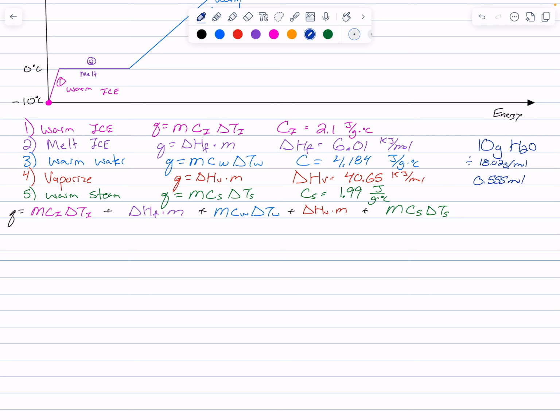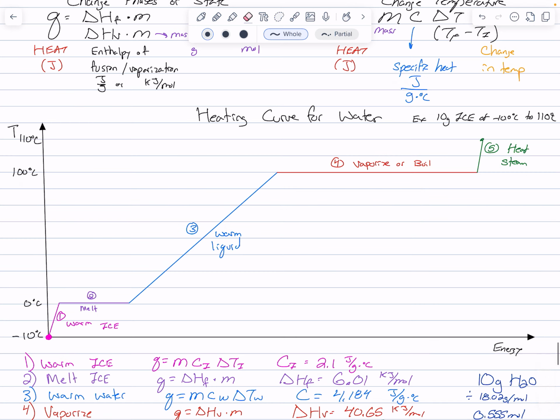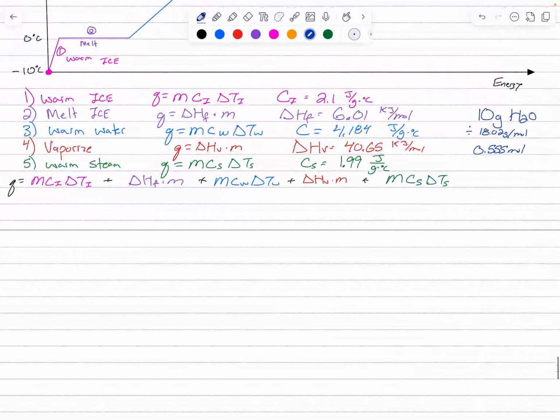Now, technically 10 grams is 1 sig fig. Let's assume that we have 3 sig figs, just for fun. I'm telling you that now. We're assuming that. So it should be 10.0 grams in our ice.